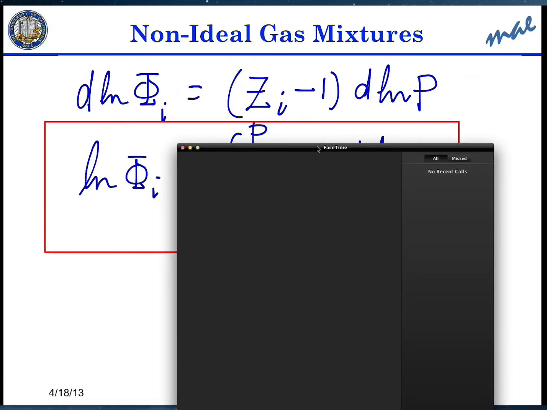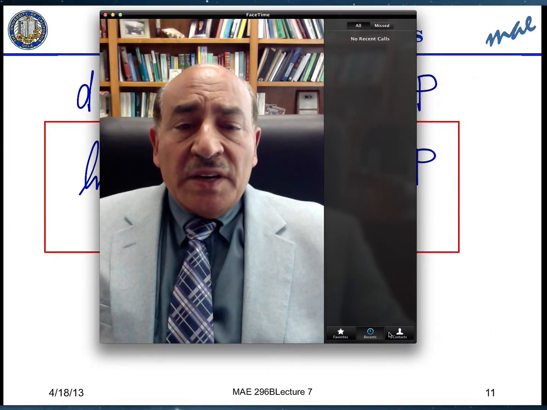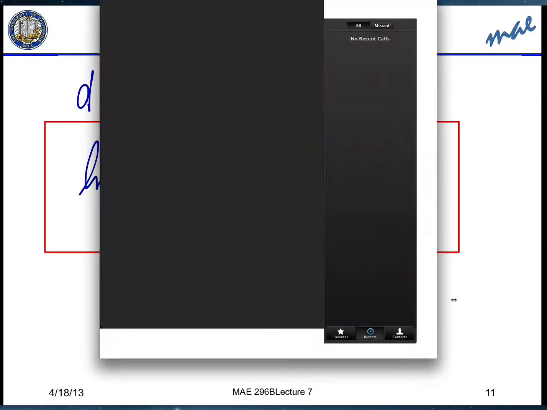So now you can ask yourself, what if I don't know the compressibility data? What if I just have a liquid? What if I have steam? Like in one of the homework assignments, we have steam. How do we calculate the fugacity coefficient? And hence, how can we calculate the fugacity itself? Well, remember that the fugacity is linked to dg.